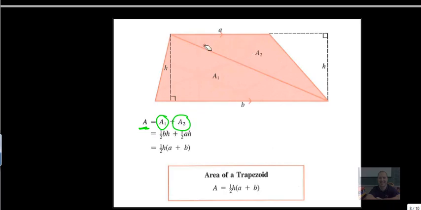For this second triangle, we have 1/2 of a, if we treat this as the base and the height of the triangle from the base to the opposite vertex, then we have 1/2 a times h. You factor this out and you get the general area of a trapezoid: 1/2 height times the sum of a plus b. So this is the area of a trapezoid. Very important.